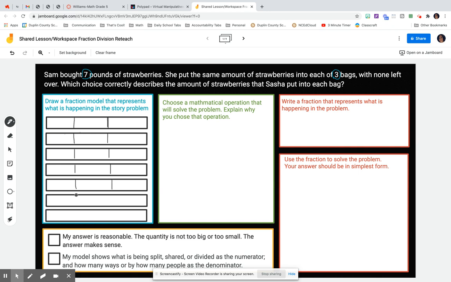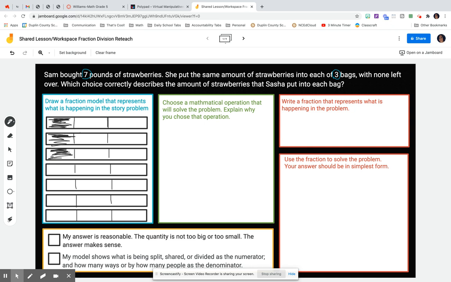Let me go down here. So when we're looking at each bag, that means we're only really going to pay attention to one bag to get to our answer. So I'm going to pay attention to the first part of each pound. So I know that 1 out of 3, so 1/3, is going to go into each bag.